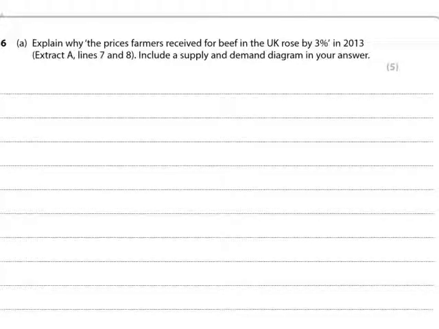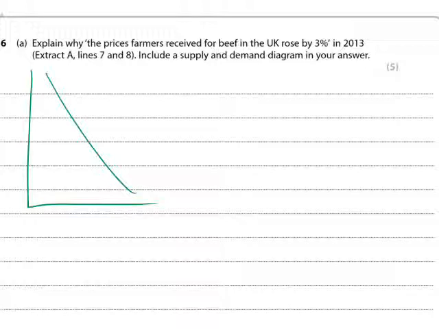Okay, explain why the prices farmers receive for beef rose by 3%. Include a supply and demand diagram. Well, the supply and demand diagram is going to show an increase in demand.